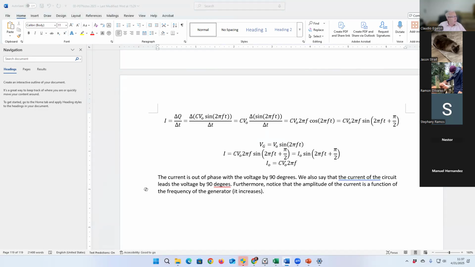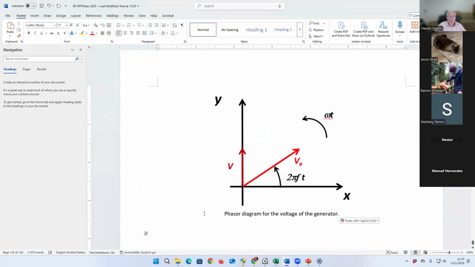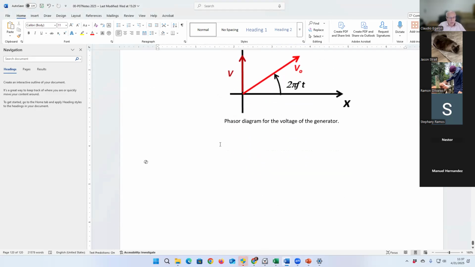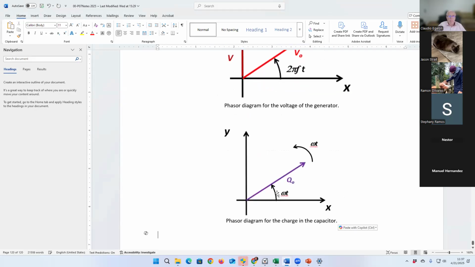In terms of a phasor diagram, we have this type of phasor diagram here. V naught makes an angle of 2 pi ft. The phasor is rotating in a counterclockwise direction. The charge is going to be in phase with the voltage, right? 2 pi ft, but not the current.